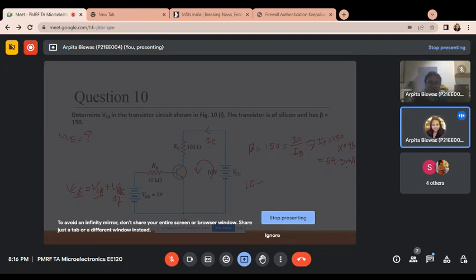If you are facing any issue, then please tell me. VCC minus IC RC. IC value is already 64.5, so 10 minus 64.5.